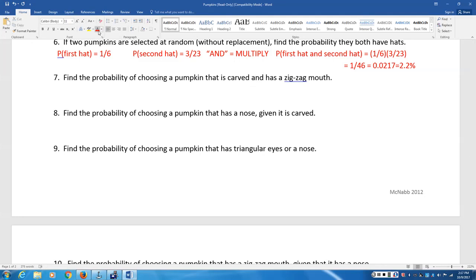Okay. And the other one is zigzag mouth.